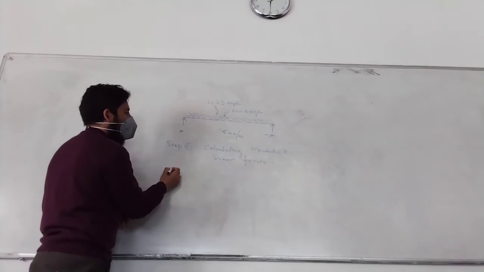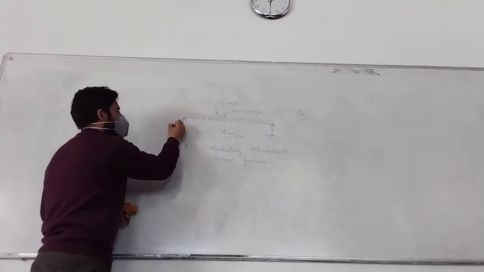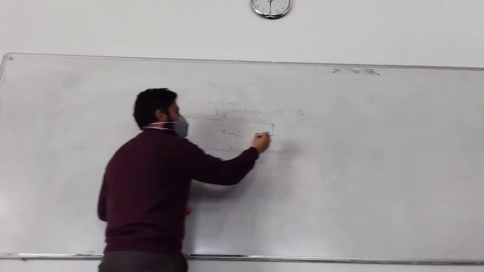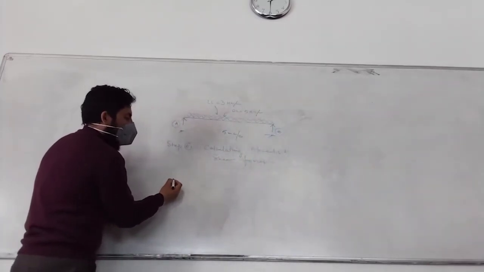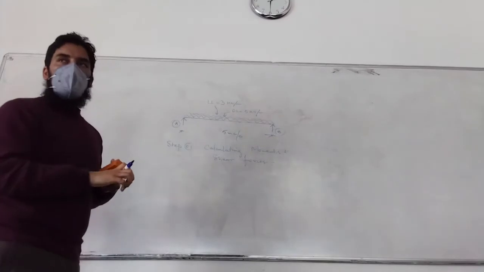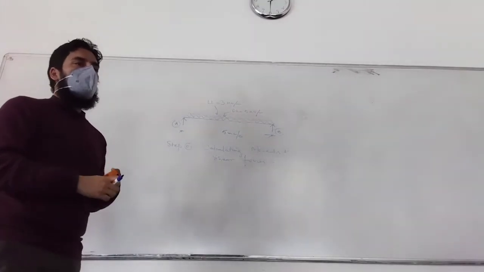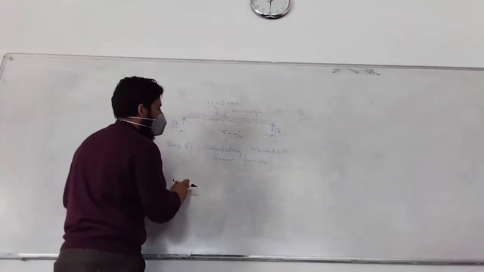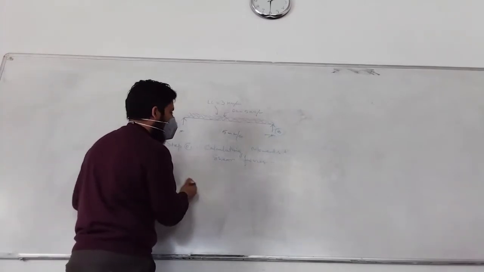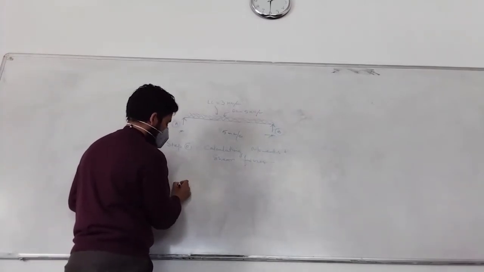Now what will be the moment for this beam? If this is suppose A, this is suppose B. Yes, it's simply supported. It's not given in the question, so we can assume it's simply supported. If it's given the ends are fixed, then accordingly you will change.